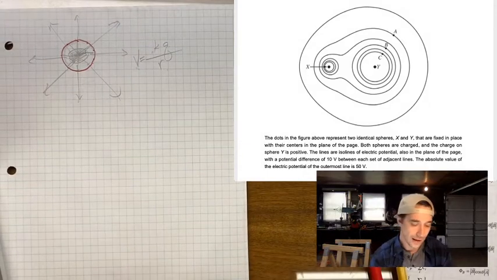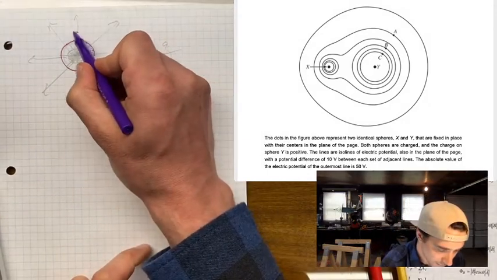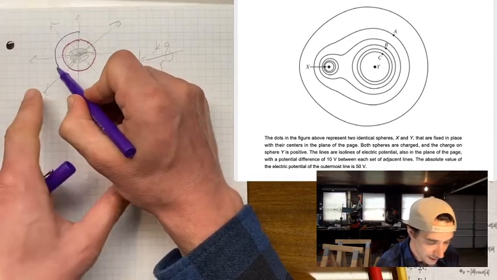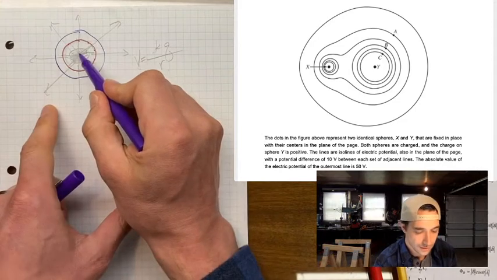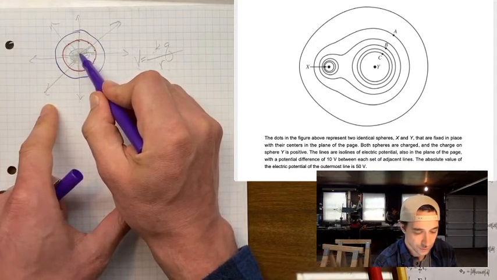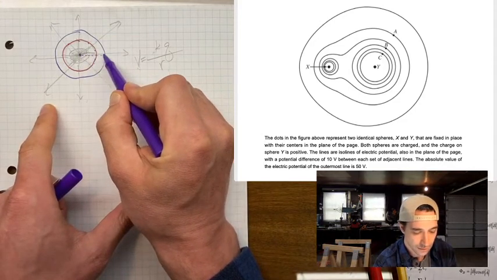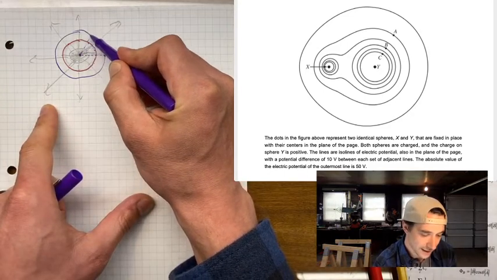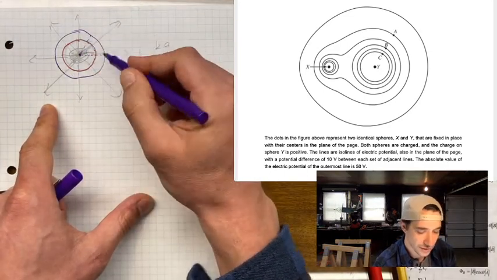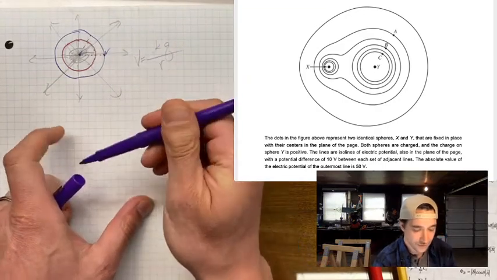And if we go out a little bit farther, all of the points on this circle are the same distance, right? If I drew from the center of our charge out to here, that's the radius, and that radius is the same for the circle all the way around. So this has some different V, right?